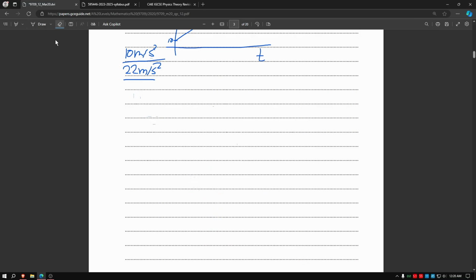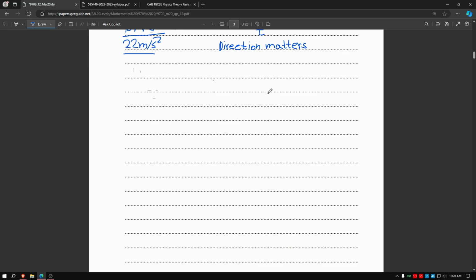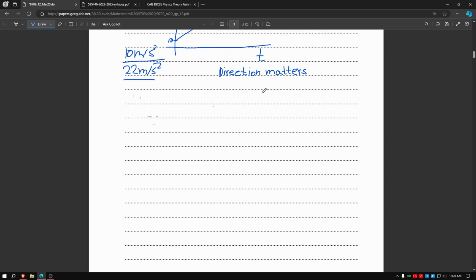As we have discussed before, acceleration is a vector, so direction matters, right? How does direction matter in acceleration?